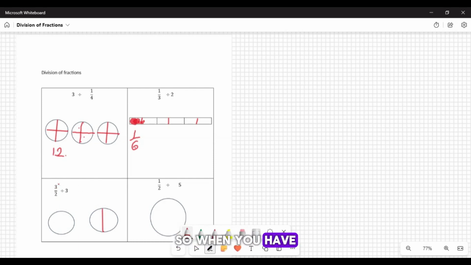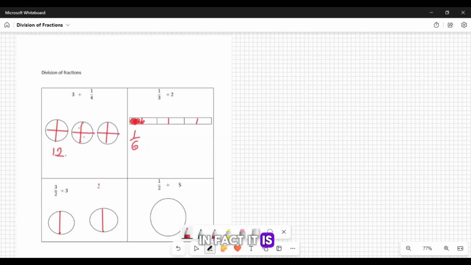So when you have this, it is 1/2, and you have 1/2 divided by 3. So let's look at it. This is the 1/2. We are dividing it by 3. This is one of the divisions. So we will divide this one again so that it will give us 1/3. So that is one whole and 1/3, which is the 3/2 divided by 3.